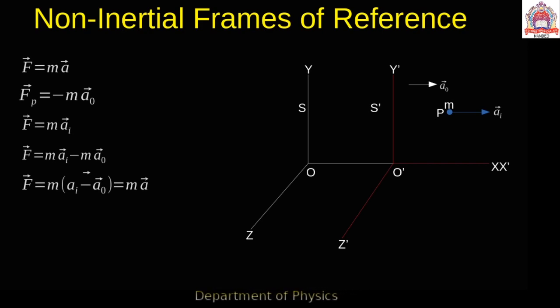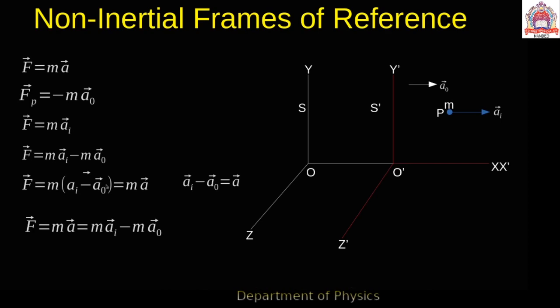Combining these equations, we get F dash is equal to m a is equal to m aI minus m a0. So here F dash is the force described in the frame S dash.